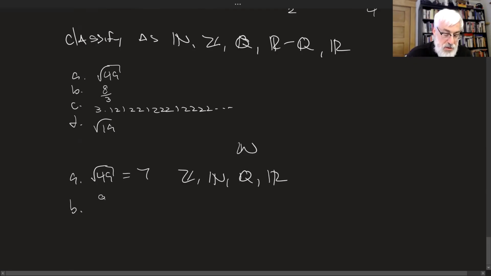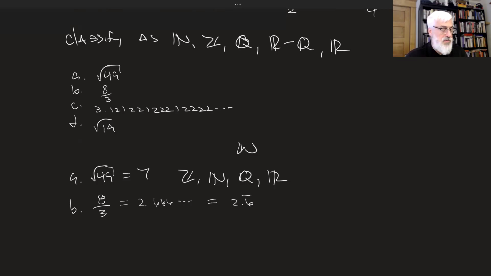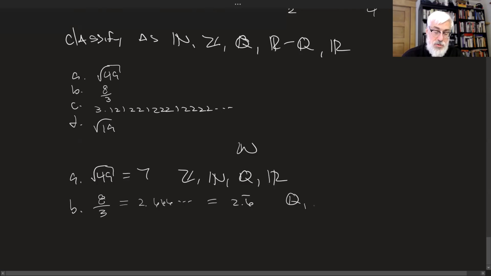So B is 8/3. 8/3 is 2.666 forever, which we can write, again, we put the little line on top of it to denote that this part repeats forever. But we can see we can express it as an integer divided by an integer or a fraction. And so this is rational and, of course, real.